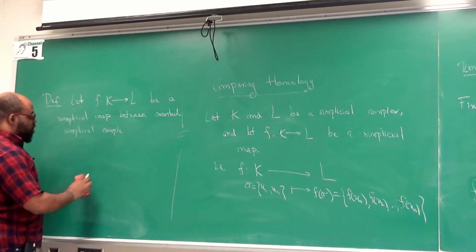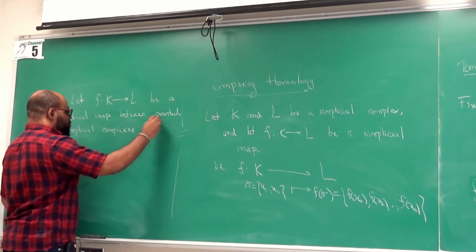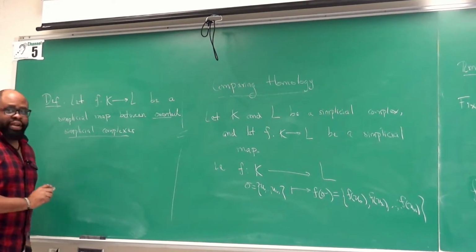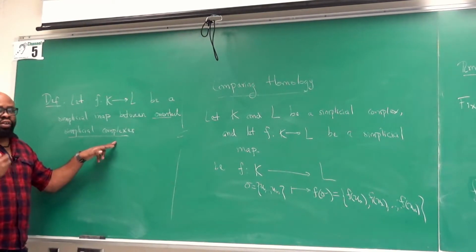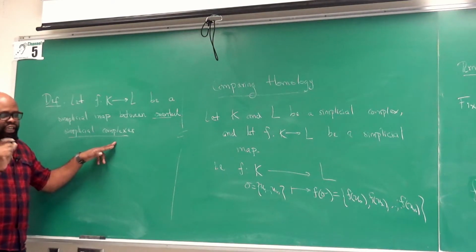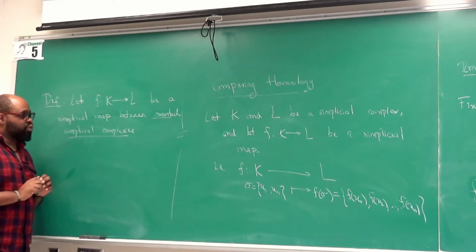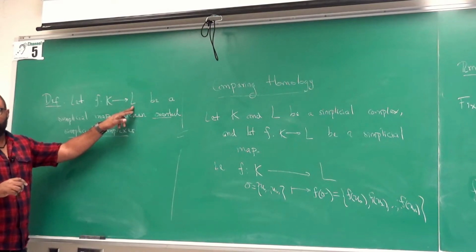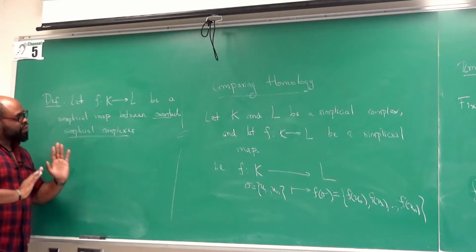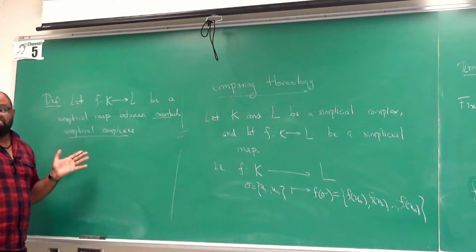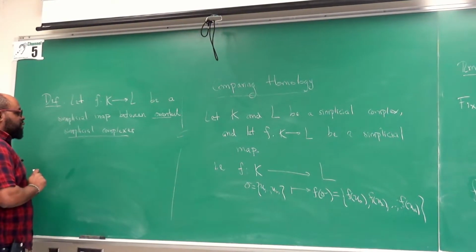So let me explain what I mean by that. When I say oriented simplicial complexes, the only thing I'm saying is that each simplex has been oriented. That's all. There's nothing to do with the spaces being orientable. There's no sort of agreement between the orientations in any way. I'm just saying that the simplices have been oriented. Okay? So, a simplicial map between oriented simplicial complexes.